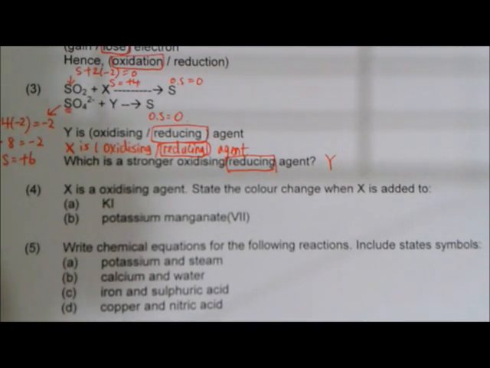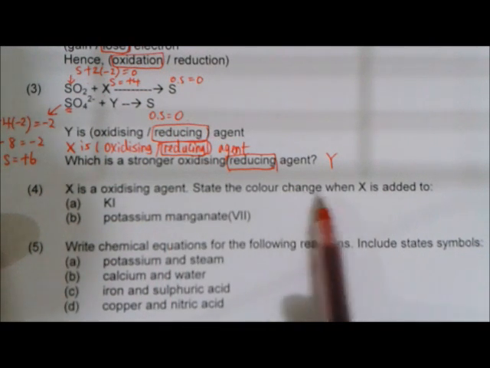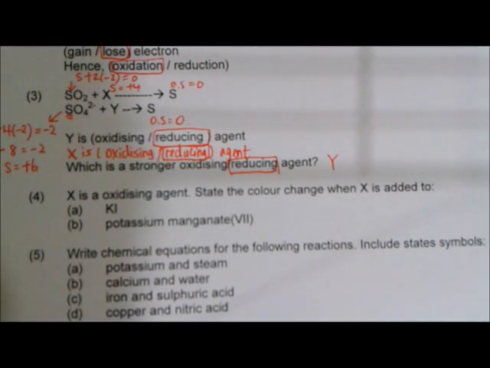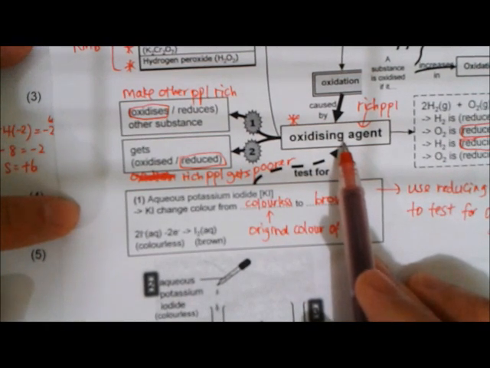Let's look at the next question. X is an oxidizing agent. State the color change when X is added to KI. KI is potassium iodide. Now you need to know what is this KI. KI is actually a reducing agent, but what is it used for? It is used to test for an oxidizing agent.